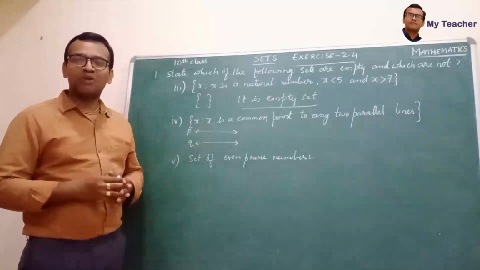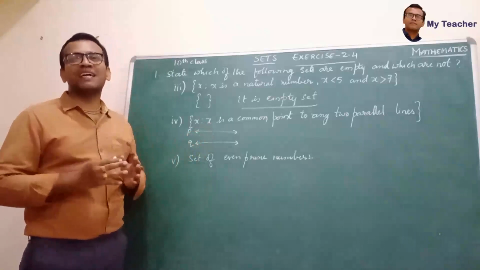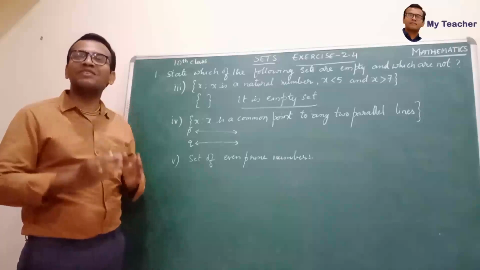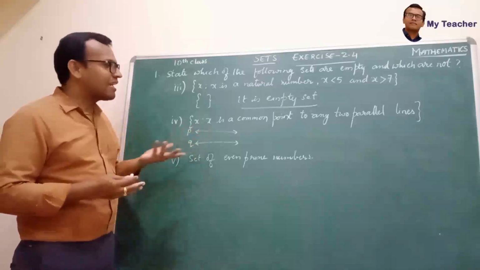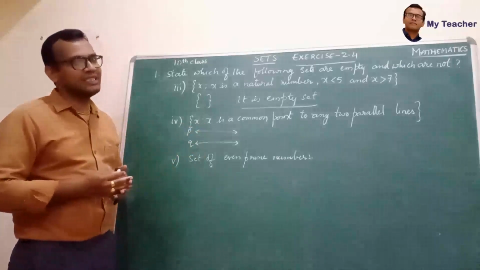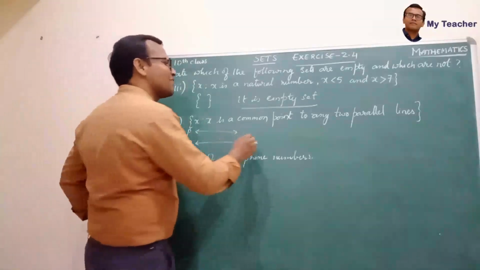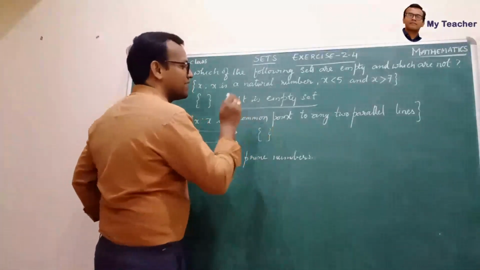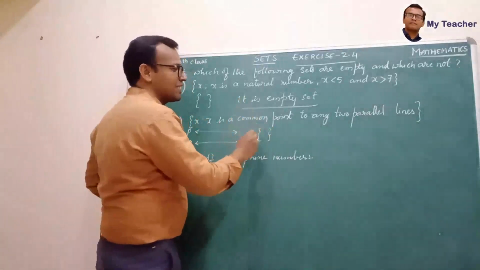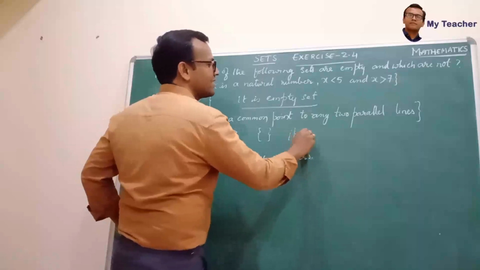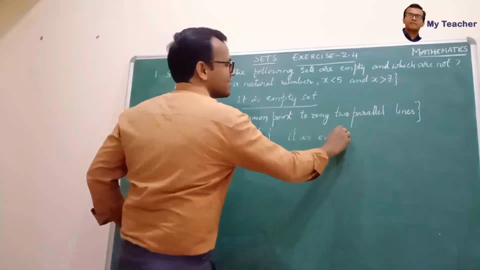No, because the very definition of parallel lines is that they do not have a point in common. So there cannot be any point in common. It is not possible to have an element in it. Therefore, it must be an empty set.